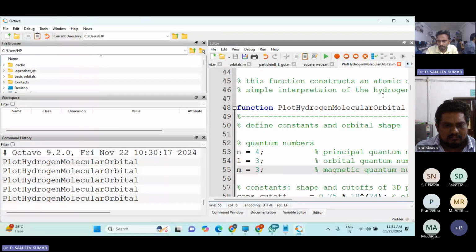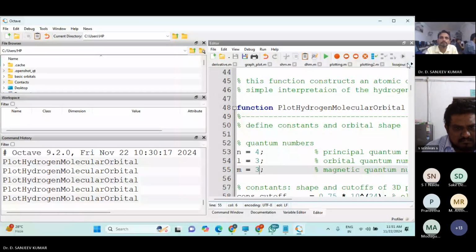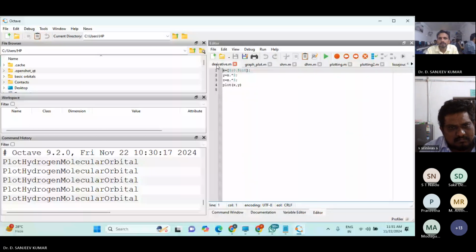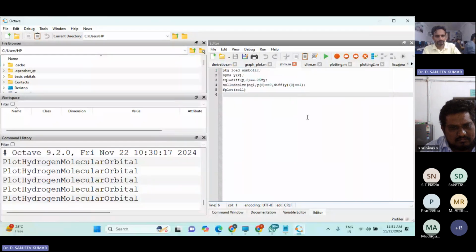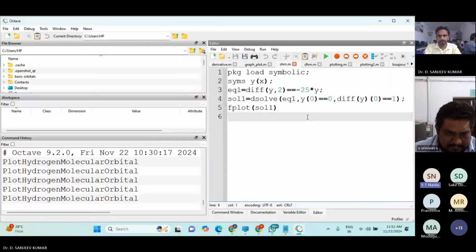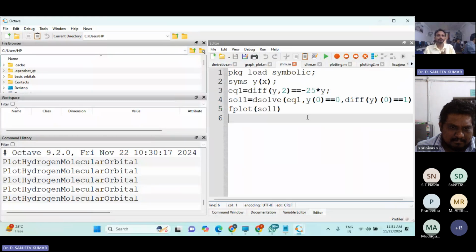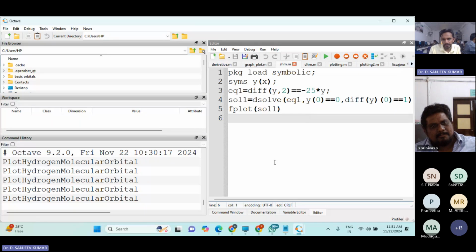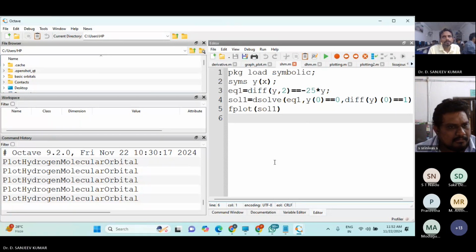So for that, you need to consider this, simple harmonic motion. You need to load the package, pkg load symbolic. The symbolic package should be loaded first. Then you have to define your variables.